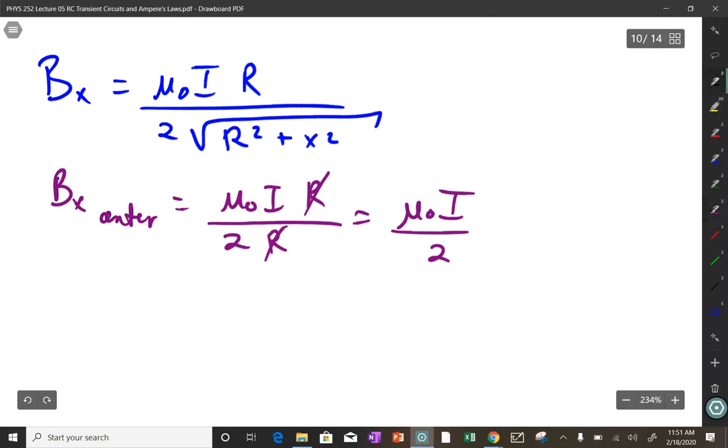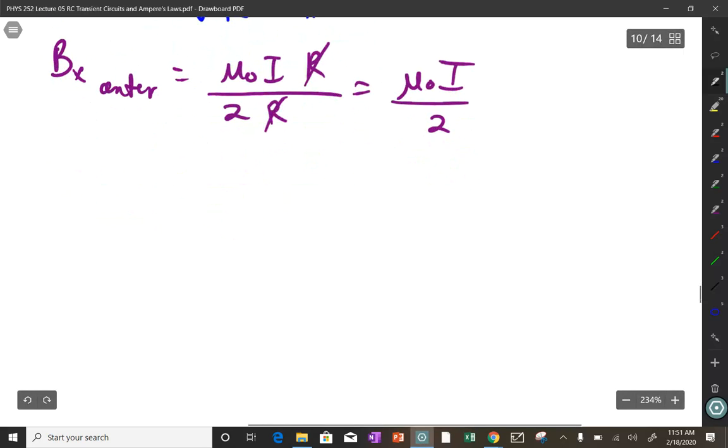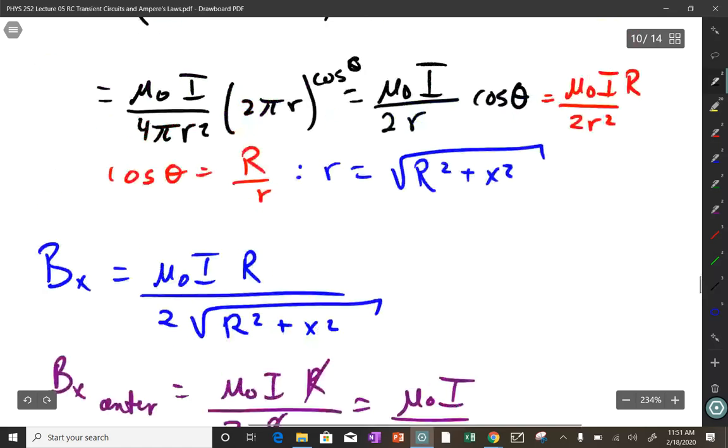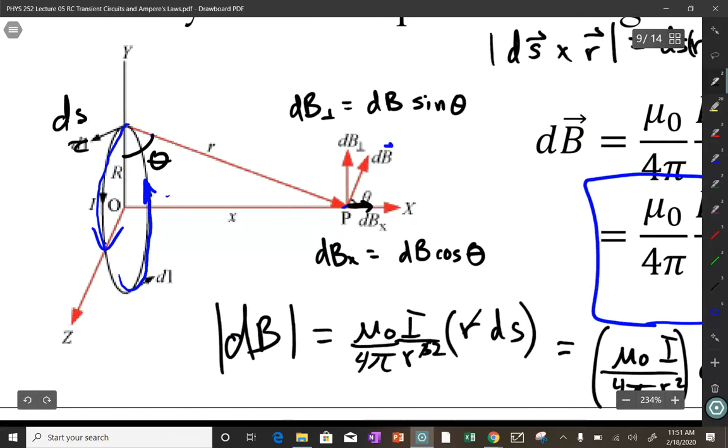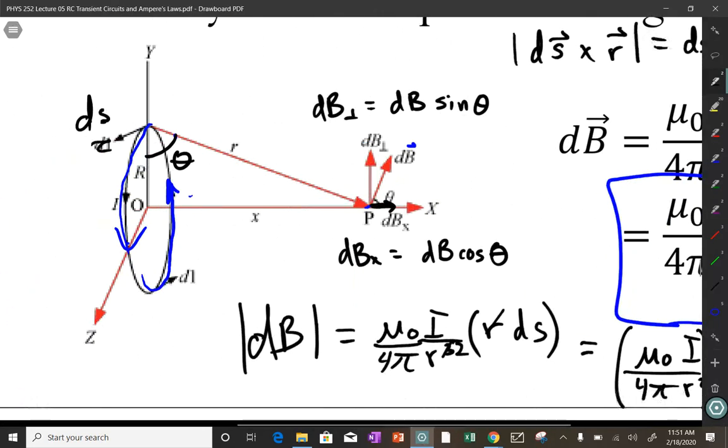We know what the answer is going to be. It's going to be 0, but we want to show that that's correct. So we have By is equal to B perpendicular times, let's define a new angle that I'll call alpha.